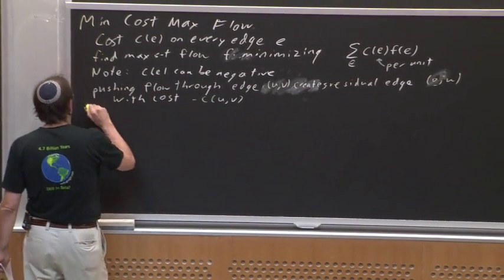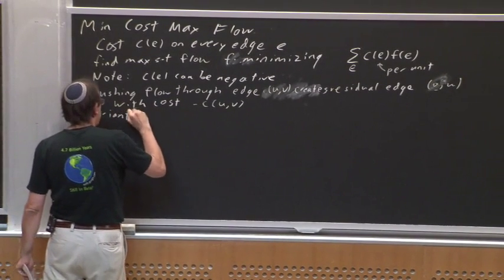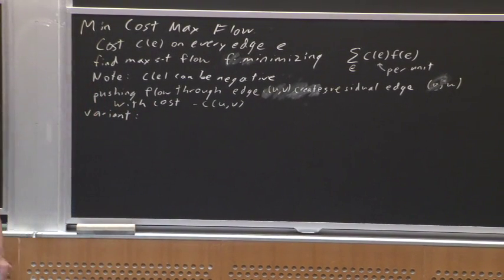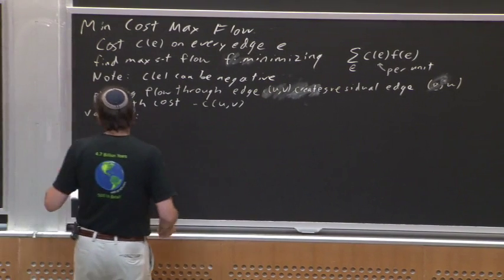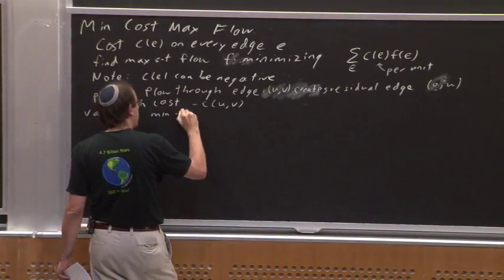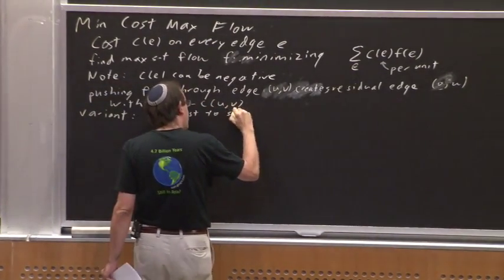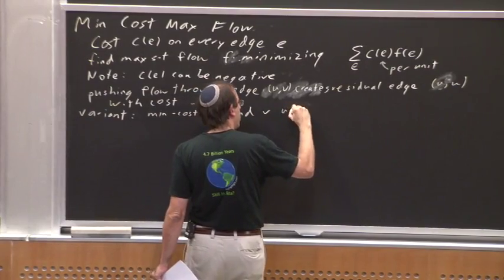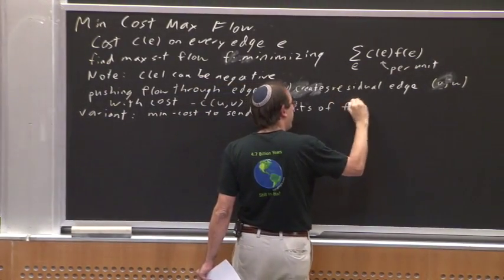So there's a variant. Before, max flow was pretty much the obvious optimization criterion, right? Send as much flow as possible. There's a natural variant here where we just want to find the min cost to send some amount V units of flow.